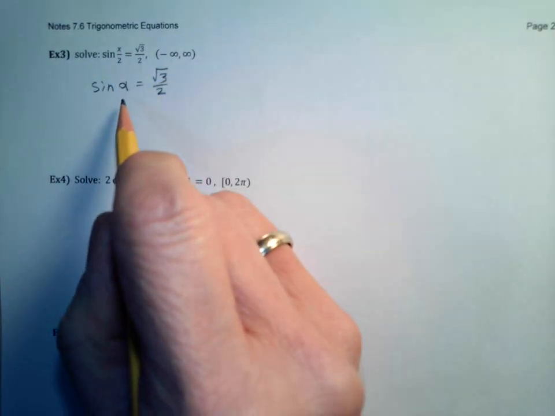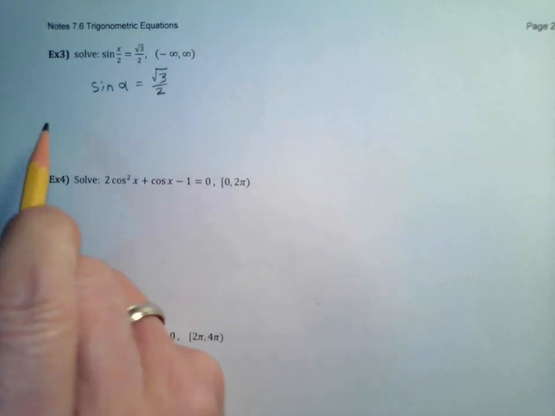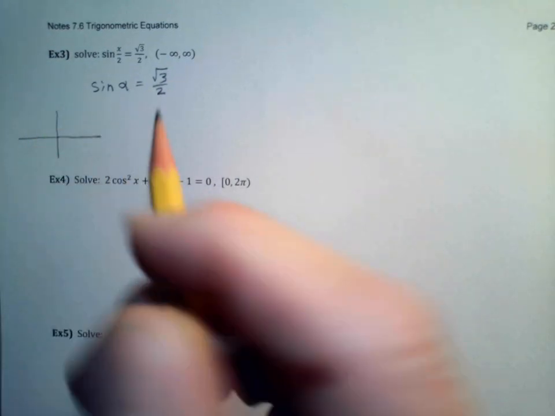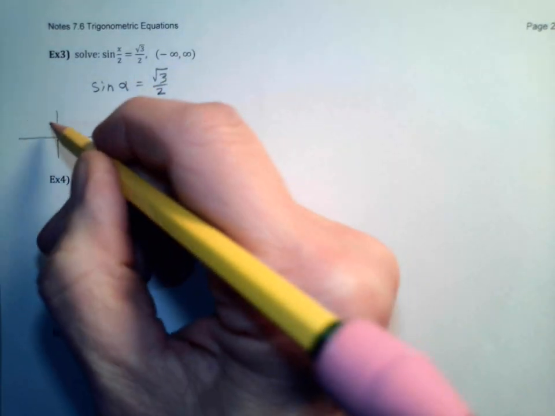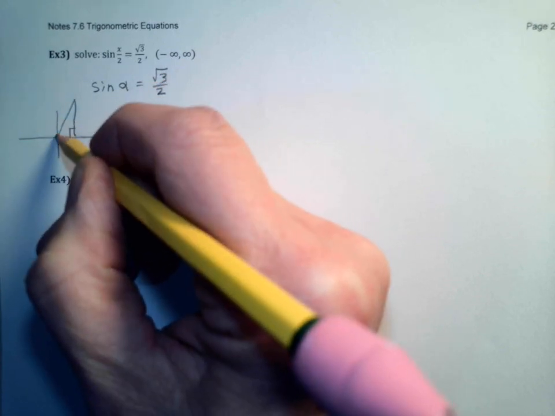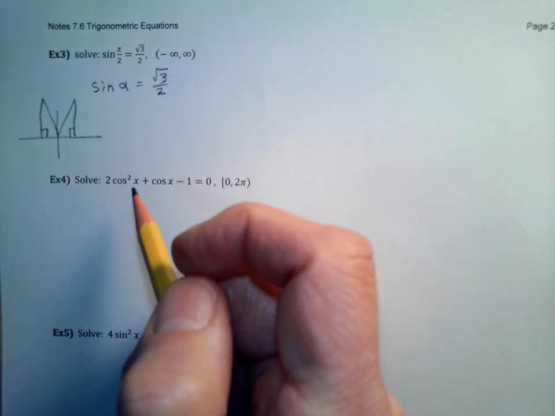And so for what angle is sine going to be the square root of 3 over 2? So it's positive, so think about which quadrants we're in. And we're going to be in the first and second quadrants, right?